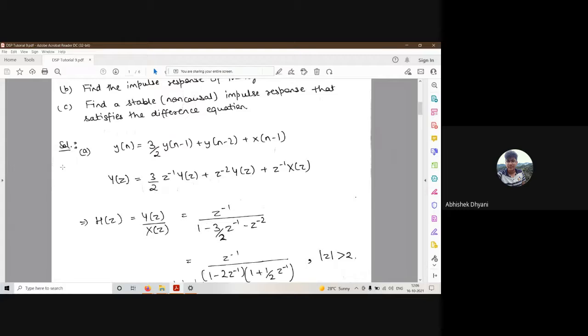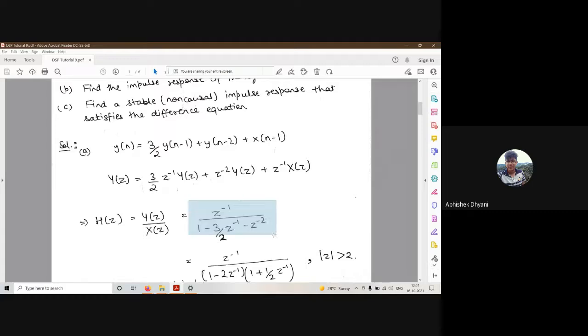I can take all the Y terms on one side and X terms on the other, and then take them common. The Y terms give me the denominator, which will be 1 minus 3/2 z^-1 minus z^-2, and the numerator is simply z^-1. That will be the system function H(z).